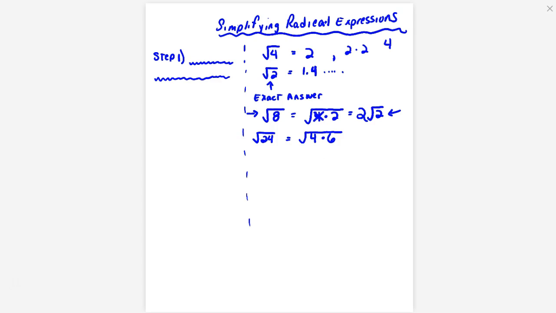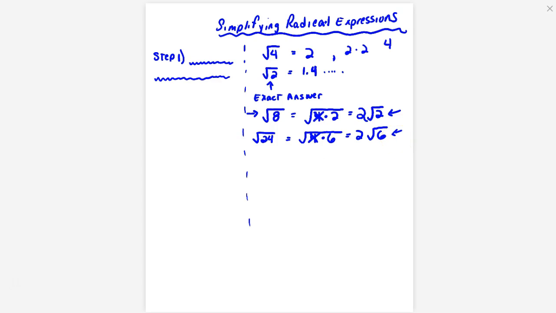So I picked 4 times 6, because the square root of 4 is 2, so I can pull that out. Then I still have the square root of 6, and none of the factors of 6 give me a perfect square, so that's my final answer.